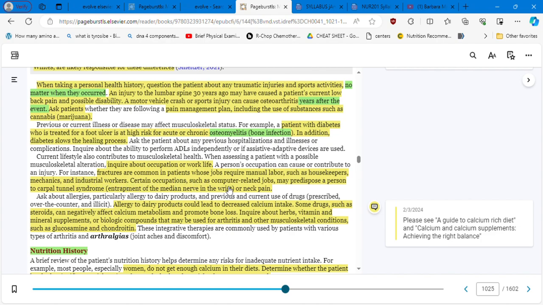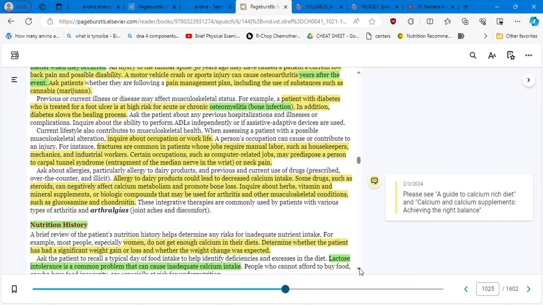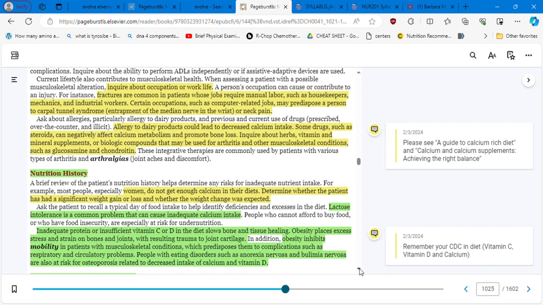Certain occupations, such as computer-related jobs, may predispose a person to carpal tunnel syndrome, which is the entrapment of the median nerve in the wrist, or neck pain. And I will teach you some techniques to assess for carpal tunnel syndrome. There are certain techniques that are basically taught for family nurse practitioners, but I think you nurses need to know this. I'm going to do that in class.